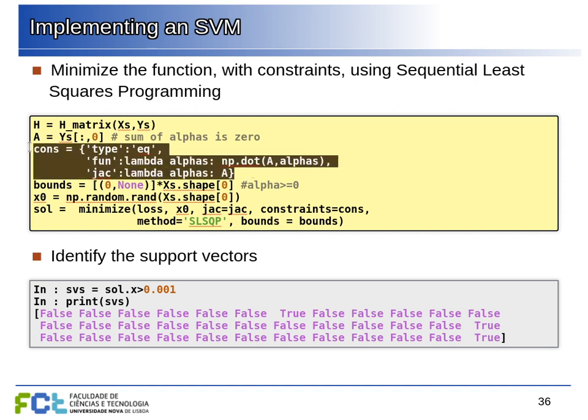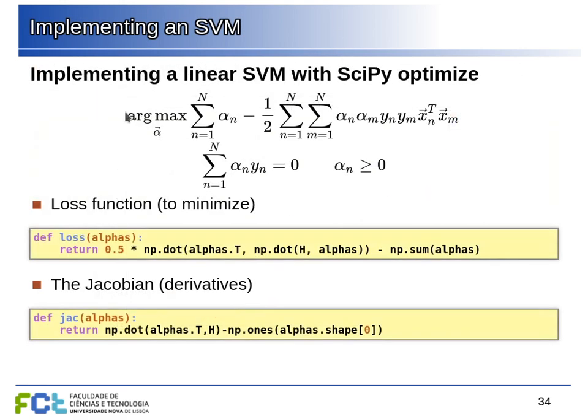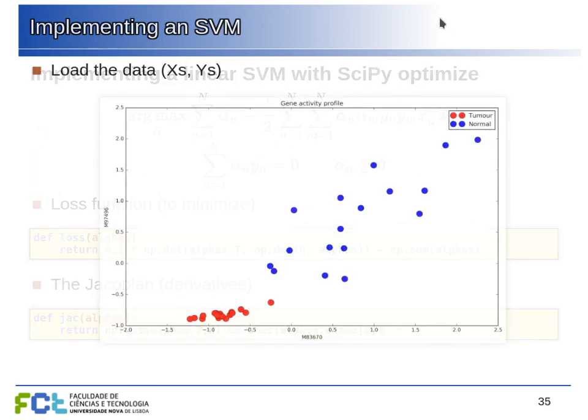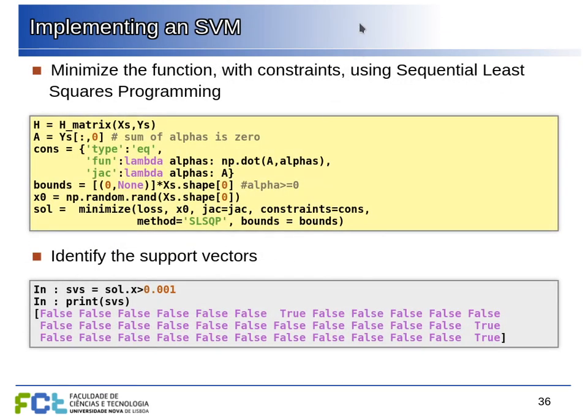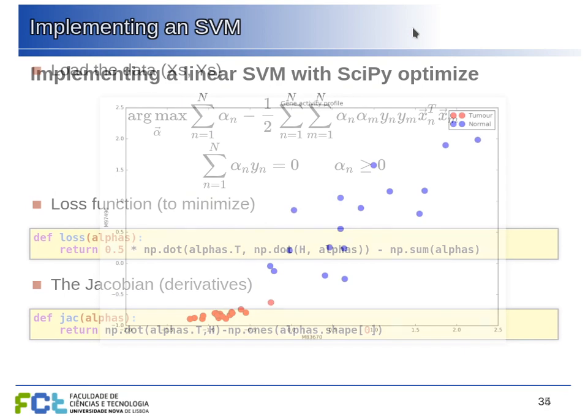This is just to add to the minimization function, because it needs to have not only the loss function, the target function that we're trying to optimize, but also the Jacobian of that function, that is the derivatives, so that it can improve the convergence and the calculation.